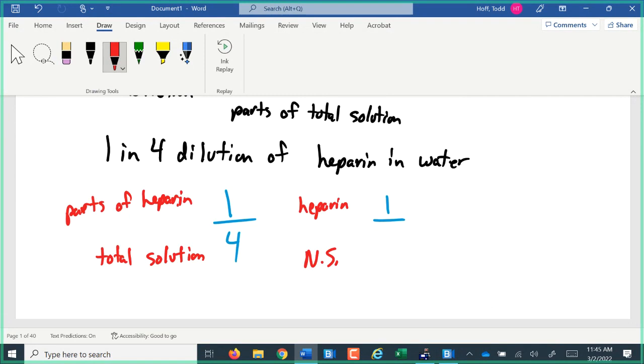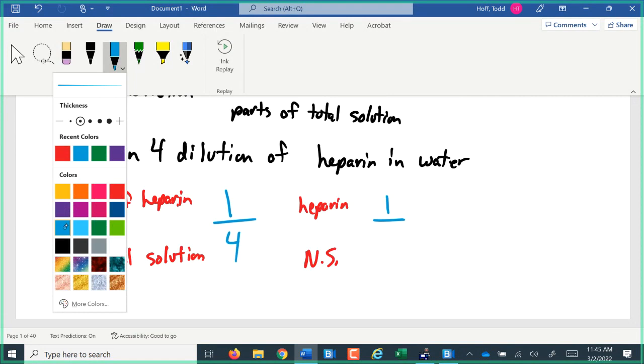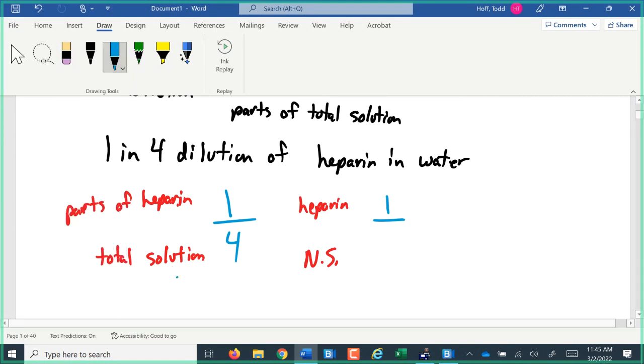All it is is sterilized water that in most cases has been pH balanced for administration in the body. And so if the ratio of heparin to total solution is 1 to 4, we still have 1 part of heparin. Out of that 4 total, if 1 part's heparin, the other 3 parts would be our water or neutral solution.